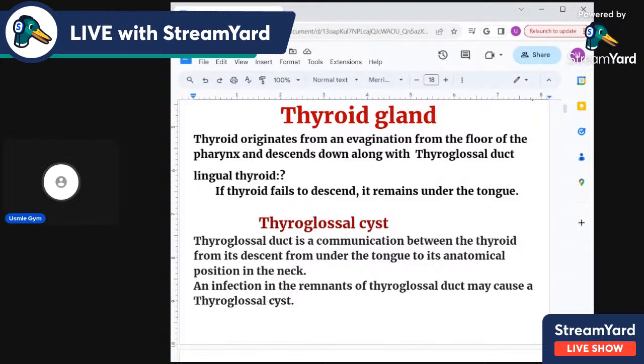Okay, so the thyroid gland originates from the floor of the pharynx under the tongue and descends down along the thyroglossal duct to its position in the neck.